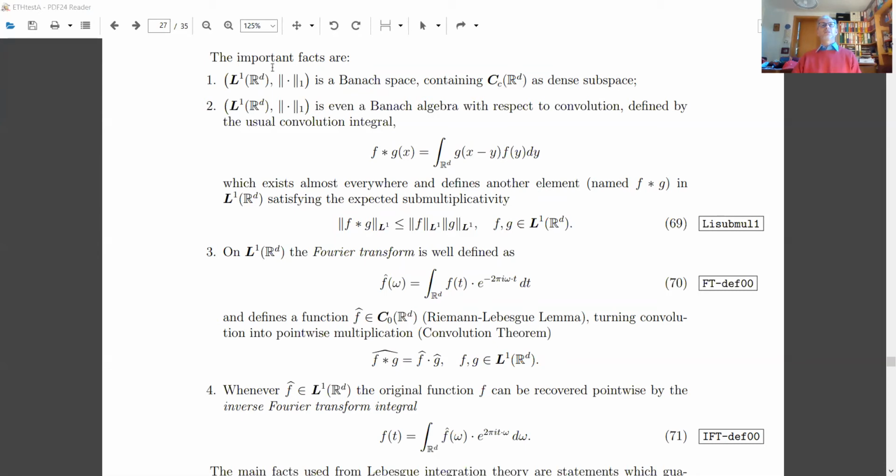Now, very often this is done by saying, well, you approximate an L1 function by a compactly supported L1 function, and then you smooth it out by convolving it with some test function. But in order to allow this argument, you prove that translation is continuous in L1. And if you use this, then very often you're using the fact that the continuous functions with compact support are dense.